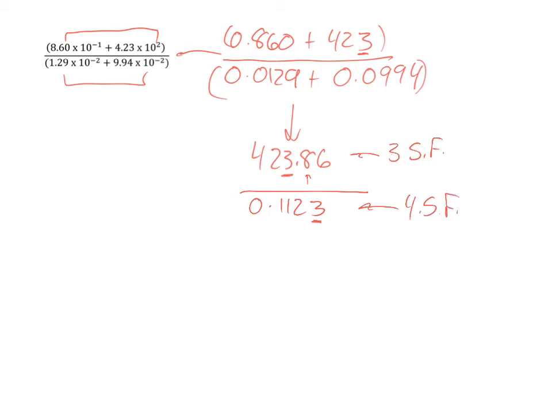So when I write down my final answer, I should write it as 3 significant digits. So I could do it like this, or I could write it as scientific notation, which would be 3.77 times 10 to the third. Notice that with scientific notation, all of those numbers are significant. This 0 here is not significant for our final answer.